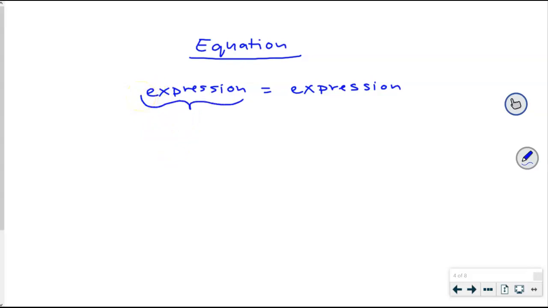Expressions are simplified. Just like this expression over here, if it's not already simplified, we can simplify it. So remember that. An equation is an expression equal to an expression, but expressions are simplified.